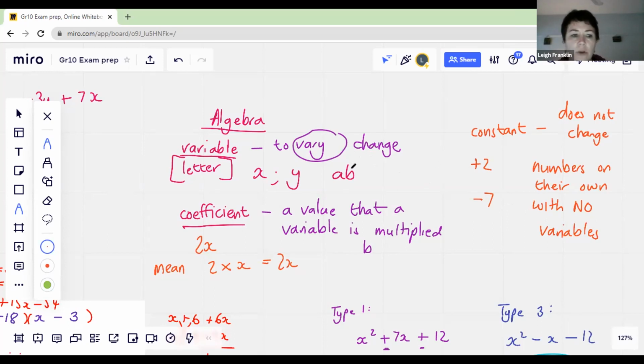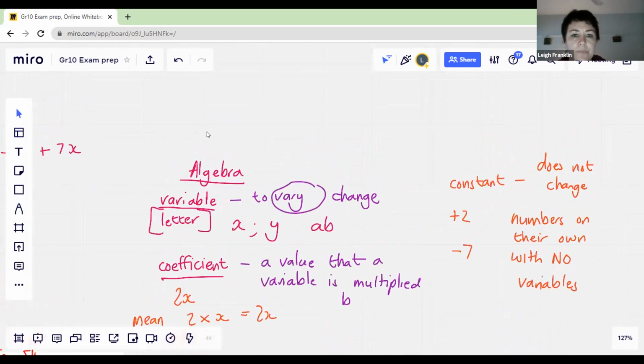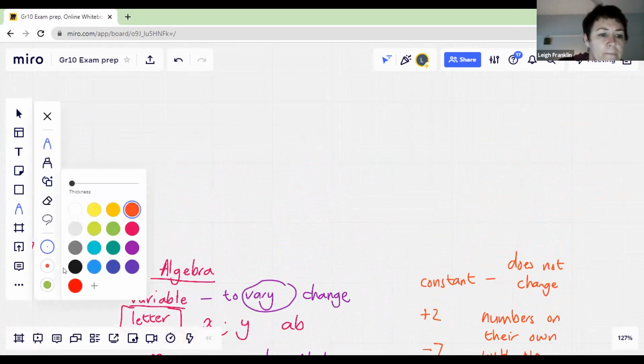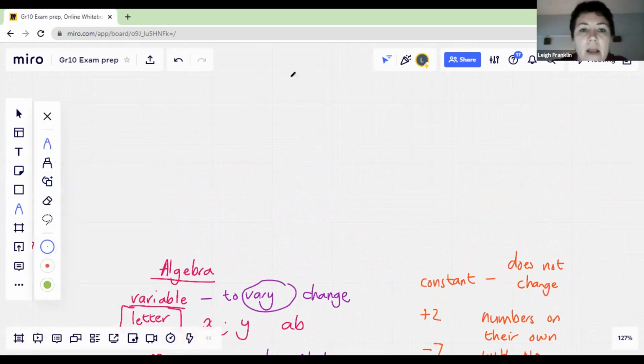What I'm just going to quickly show you now is, if I write x, it means positive 1x. But you don't have to write the 1 in front, and you don't have to write the plus sign.